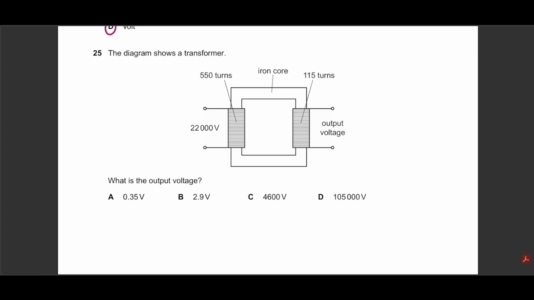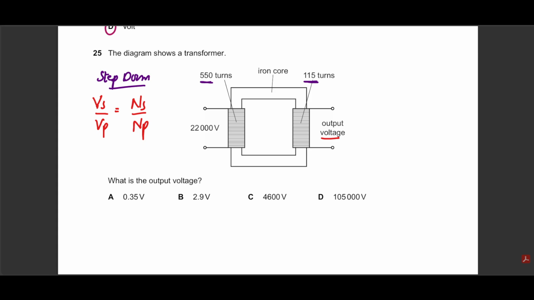Question number 25. Transformer question. He says 550, 115, output voltage, classic step down transformer. How do we know that? Because the input turns are greater and the output turns are less. So this is a step down transformer, although not mentioned in the question, but as a source of revision we can do that. Using the equation Vs, the secondary or output voltage, divided by the input, which is primary, equals number of turns of secondary divided by number of turns of primary.